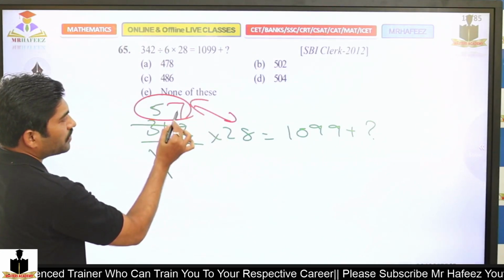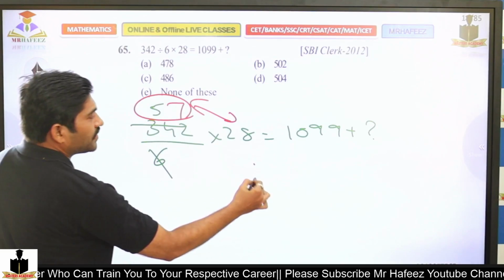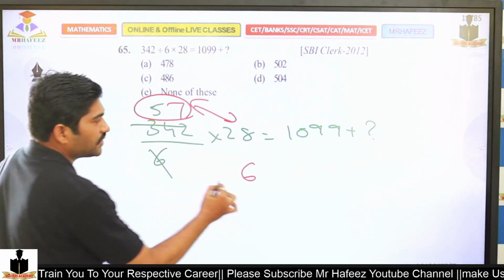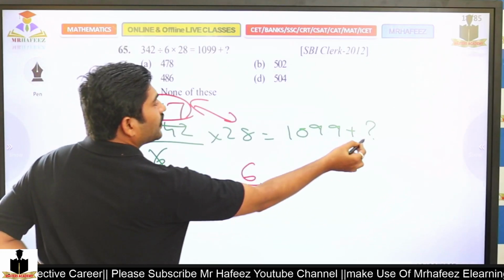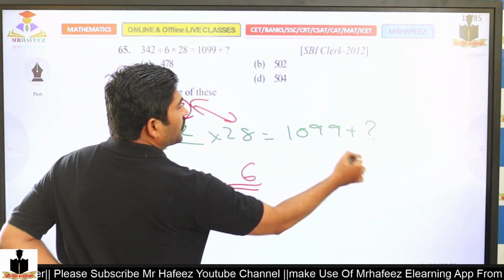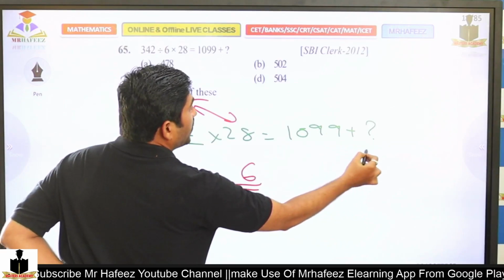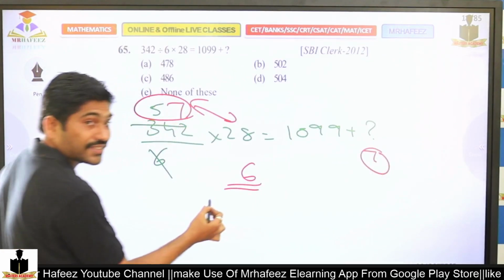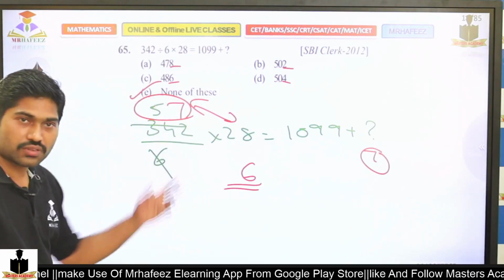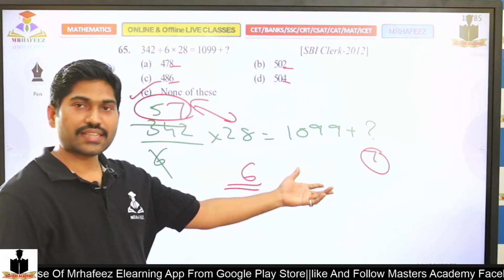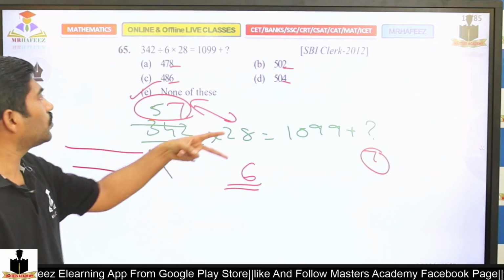So whatever it may be, 7 8 times is 56. Last unit digit is 6. What should be added to get a 6? 9 plus 7 should be added to get a 6. But there is no 7 in the unit digit. So none of the above. No need to solve the question, because there is no 7 there. There is no answer here.